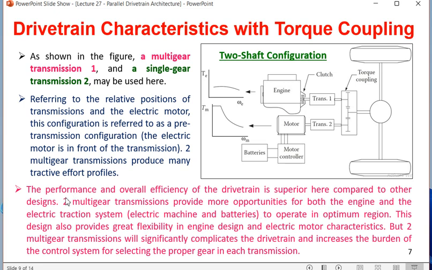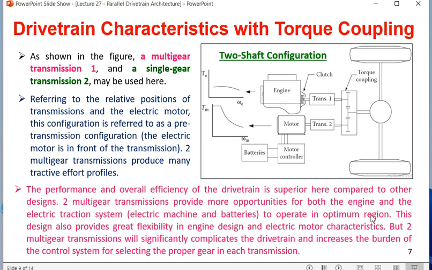Two multi-gear means the engine is also connected with a clutch gear, the motor is also connected with a clutch gear. So clutch gear is actually giving us more opportunity for control, to operate in the optimum region. So if there are two multi-gear transmissions, that means engine as well as motor, it might provide more opportunities for both the engine and the electric traction system, that is electric machine and battery, to operate in the optimal region.